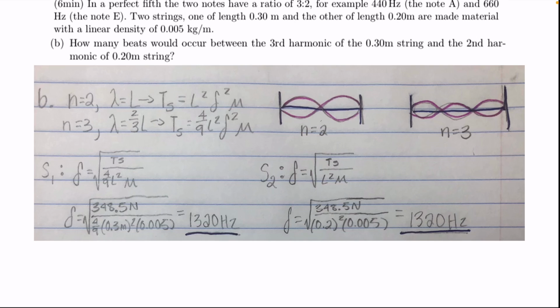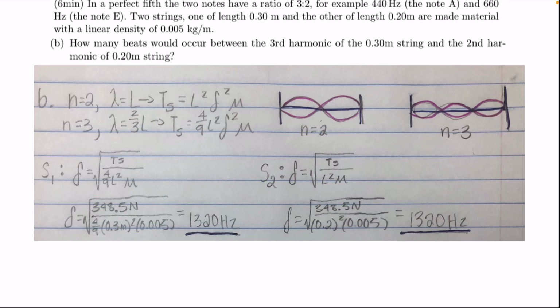And for the third harmonic, the equation is now 4/9 times L squared times frequency squared times linear density. So once again, I think the tricky thing here is keeping it straight what equation you're using with what values. So the problem tells us that we're doing the third harmonic of the 0.3 meter string.